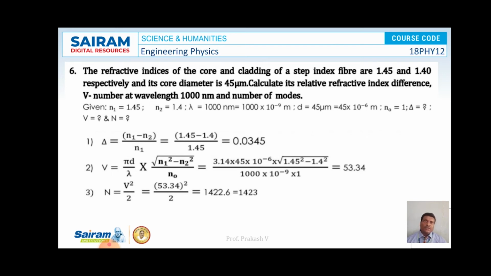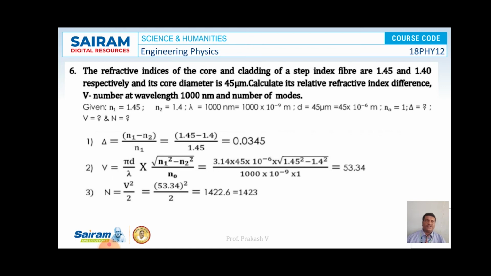Given the refractive index of core is 1.45 and that of cladding is 1.4, the wavelength lambda is equal to 1000 nanometer, d is 45 micrometer and n naught is equal to 1. So what are delta, V and N here?